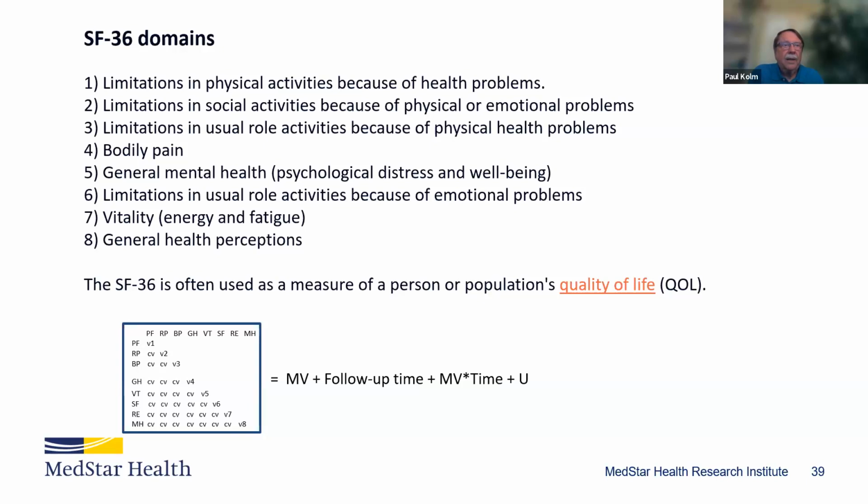You can see that the right side of the equation is similar to what we've looked at before. However, on the left side of the equation, instead of having a single variable, what I have is a matrix of the 8 components of the SF-36. And so that's what we're going to test, the SF-36 as a whole, as a profile.